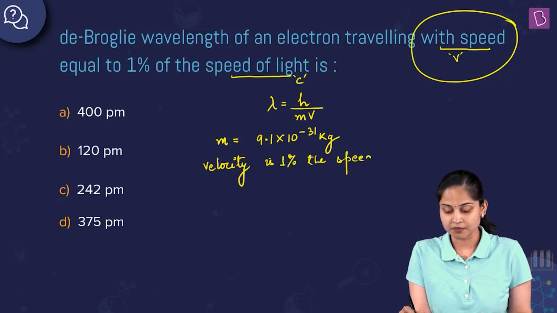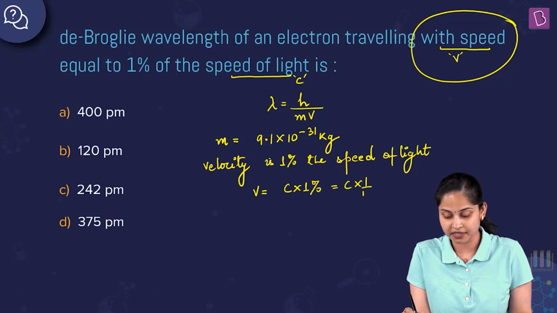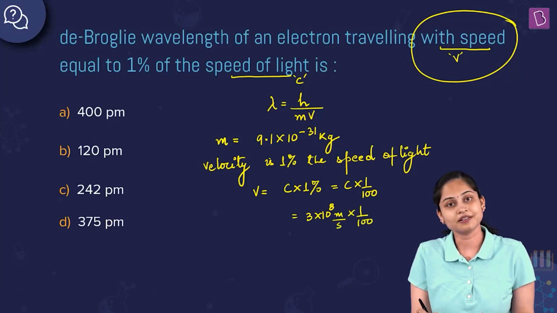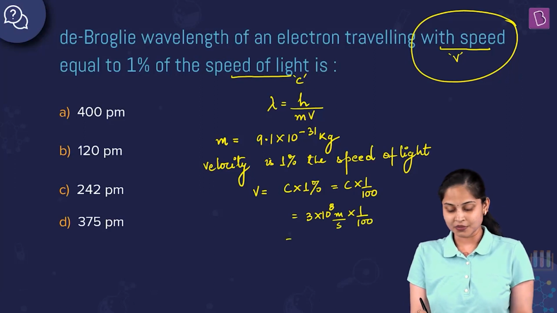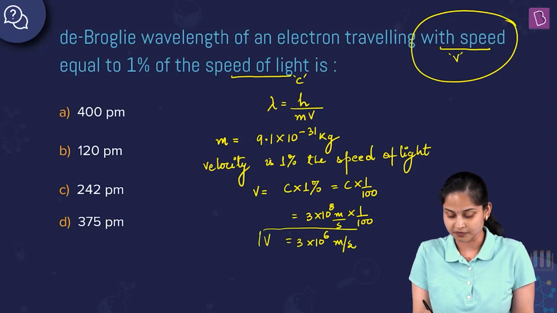That means V, velocity, is equal to C into 1%, or C into 1 by 100, which means it is 3 into 10 raised to power 8 meters per second multiplied by 1 by 100, which in turn is equal to 3 into 10 raised to power 6 meters per second. It is the value of V, velocity.